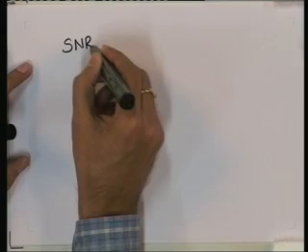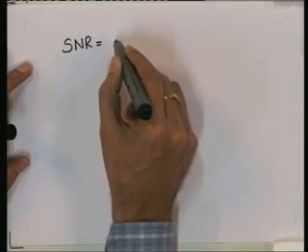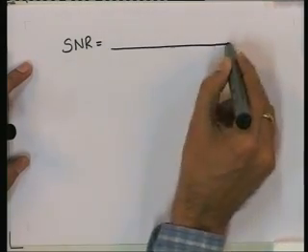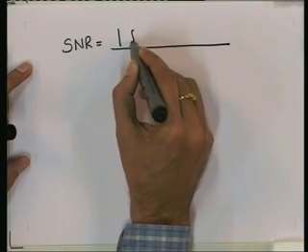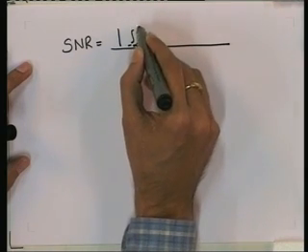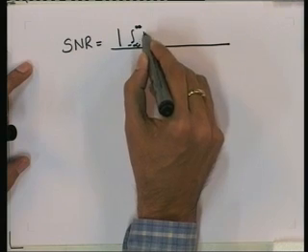Once we have this expression, what is the SNR? Our SNR is the signal energy by the noise energy. Signal energy is simply the mod square of this part.